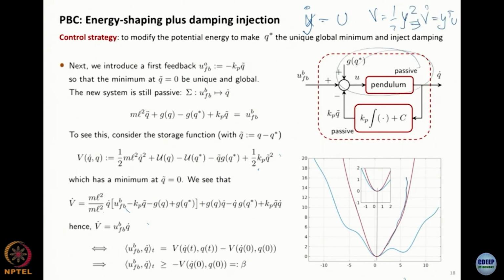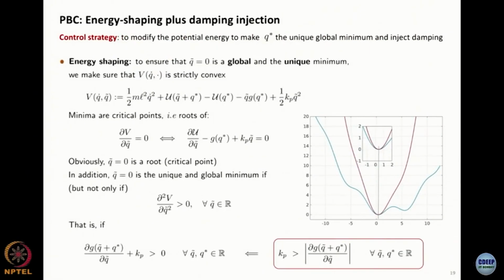So I have a passive system interconnected with a passive system. In closed loop, I will have a passive system, okay, which is expressed down there. And to make the new minimum global, as illustrated in this figure, I need Kp. So this is for a certain value of Kp rather small, and the red one is for an increased value of Kp.